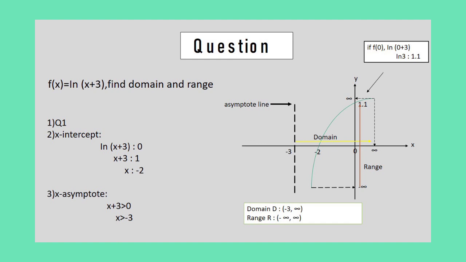So we do x equals 0. f(0) equals ln of (0 plus 3), ln 3 equals 1.1. So the domain is negative 3 to infinity and the range is negative infinity to infinity.